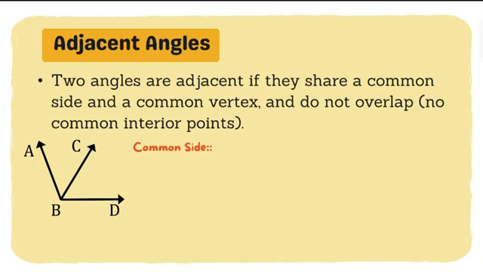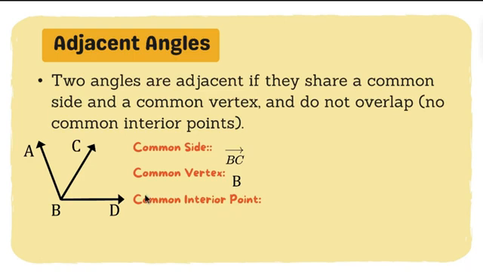Now, let's see yung mga criteria. First, ano ang common side? Okay, anong common side nito? We have ray BC or side BC. Next one, ano ang common vertex? We have vertex B. Next one, ano ang common interior point?